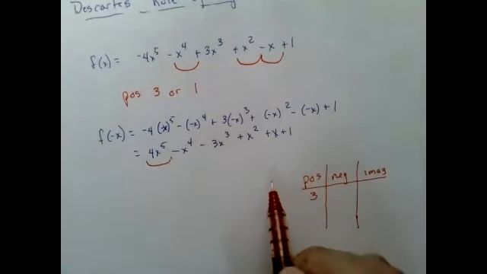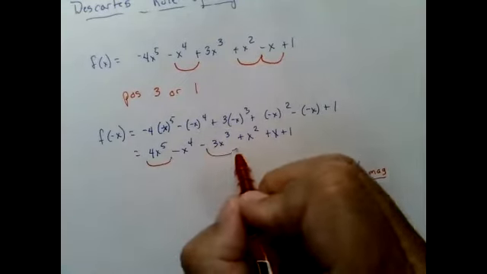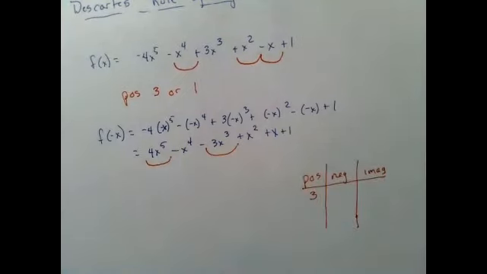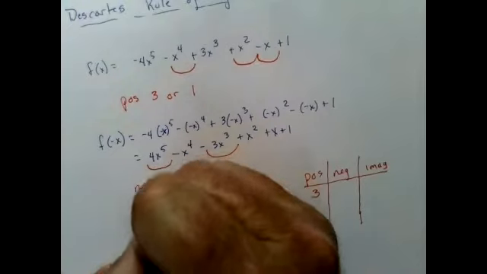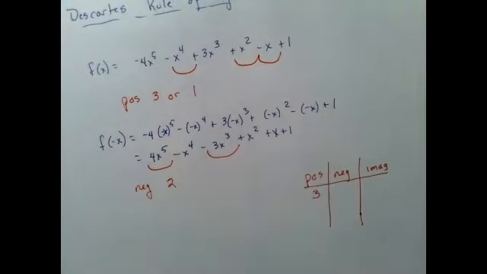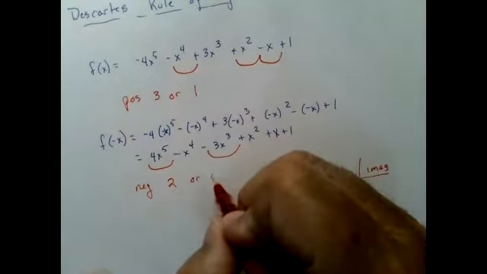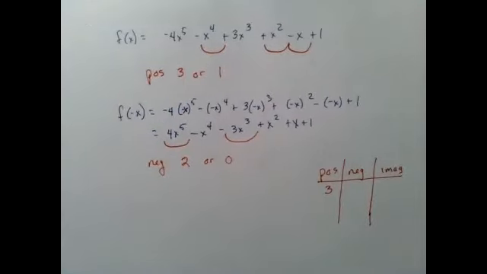Positive to negative, there's 1. Negative to positive, there's 2. So now for the negatives, he said, okay, if there's one negative number, I definitely know there's going to be a second one. But it's also possible there's 0 because we're going to subtract out imaginaries.